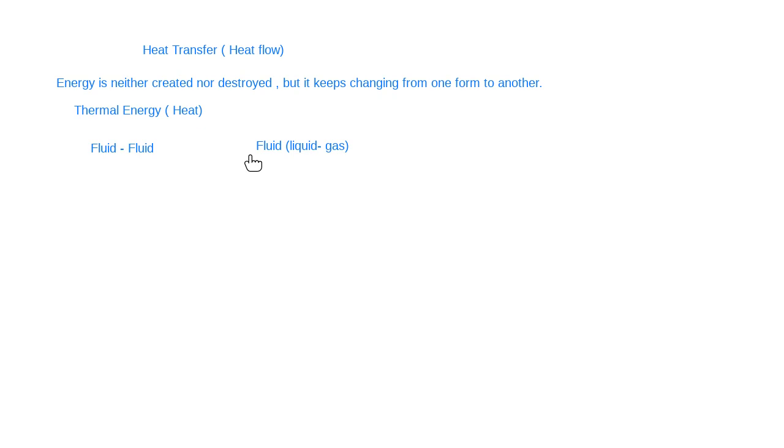As an example, take the water heaters we have at home, guys. The heat transfer is actually between a stationary solid plate that is being heated by the flow of an electric current through it, and liquid water.